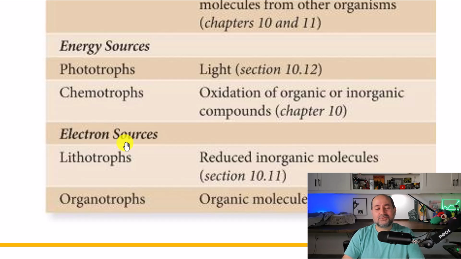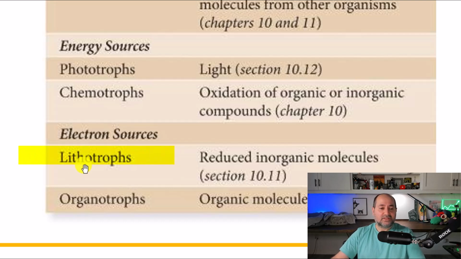But electrons are used in the electron transport chain, during photosynthesis and cellular respiration, where the mitochondria has an electron transport chain. So anytime an electron transport chain is needed, either for cellular respiration or for photosynthesis, electrons are needed. Does that make sense? So organisms need an electron source.